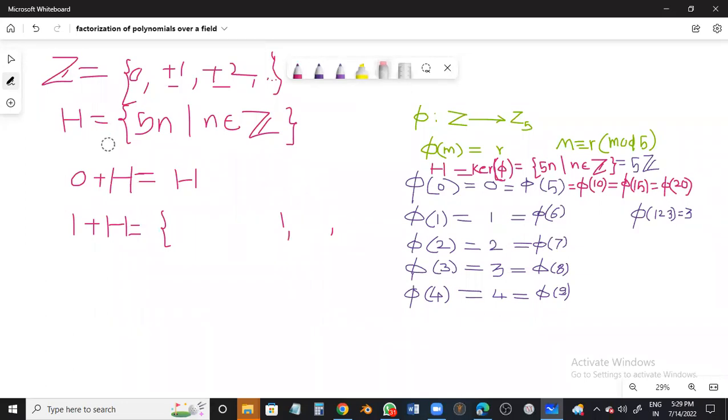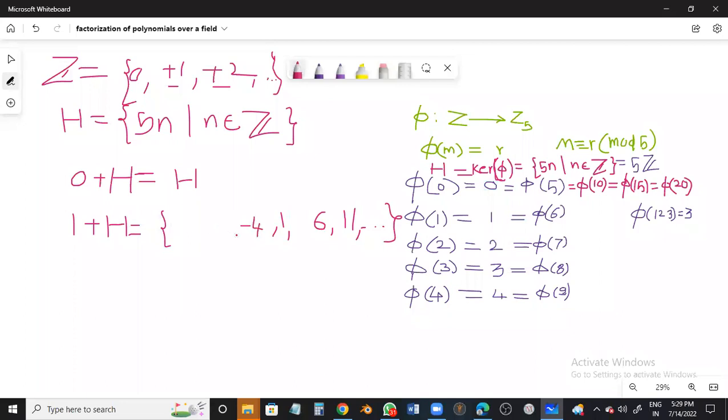What is my first element in H? That is 0. So 0 plus 1 gives me 1. The next entry is 5. 5 plus 1 gives me 6. Next entry is 10. 10 plus 1 gives me 11 and so on. To the left side, I have minus 5 plus 1 gives me minus 4.